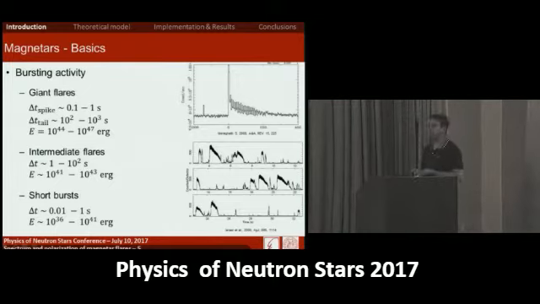In fact, in the past, only 3 sources have been observed to emit a giant flare, while more frequent are intermediate flares and short bursts. The former are characterized by a duration up to 100 seconds, and they can also show pulsations, as in the case of giant flares. And short bursts have a duration smaller than 1 second and an energy release up to 10^41 ergs.